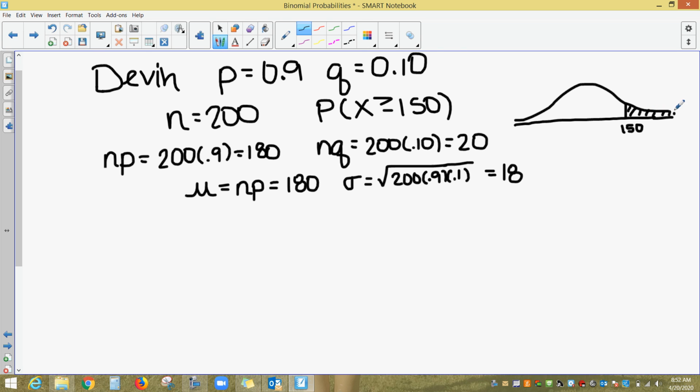Back when we were in chapter 6 to begin with, whether this said greater than 150 or greater than or equal to 150, we were looking at the same area. The area under a single point is equal to 0, and regardless of what this symbol was, it didn't affect how we approached the problem.